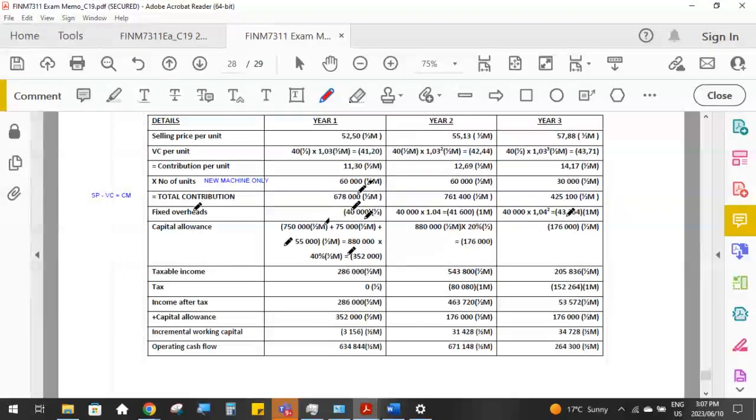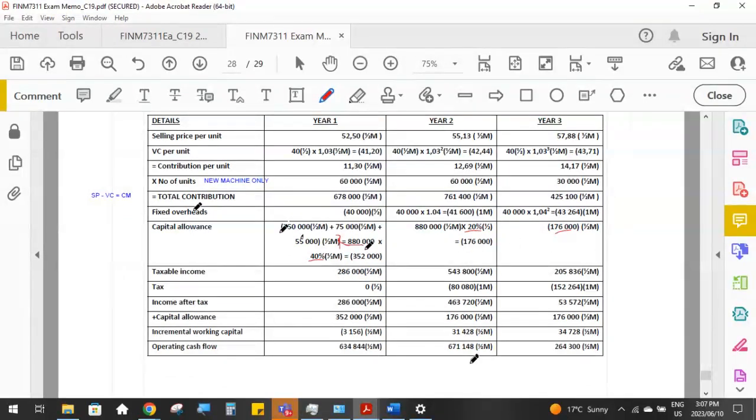So your capital allowance is only going to be on the purchase price of the machine plus the delivery costs plus the import duties. So the depreciable amount of the machine is 880,000. 40% in year 1, 20% in year 2, and 20% in year 3.